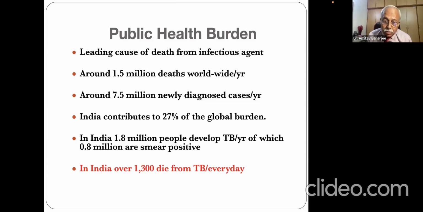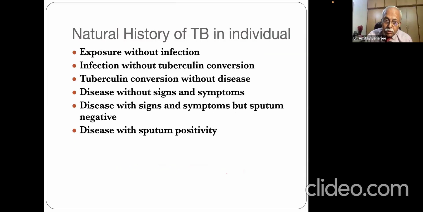In India, 1.8 million develop TB every year, of which 0.8 million are smear positive. These are the positive cases. And every day we lose 1,300 people from tuberculosis. So it's definitely a major public health problem.